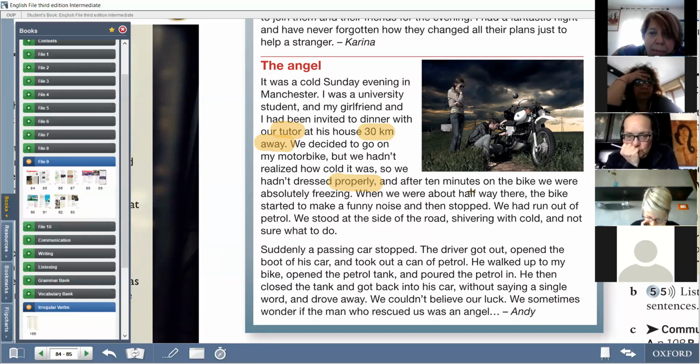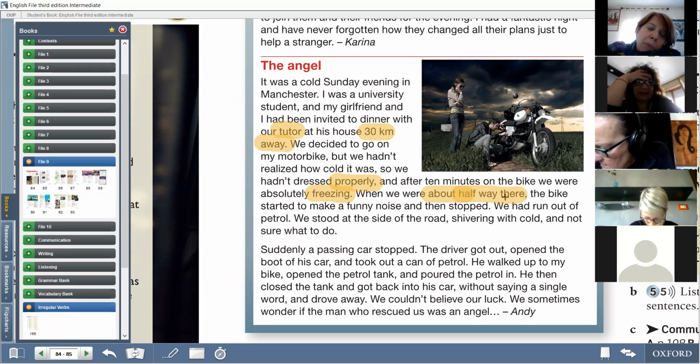And then after 10 minutes on the bike, we were absolutely freezing. When we were about halfway there. Essere a metà strada, vedete? We were about halfway there.